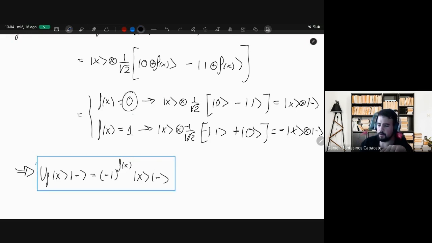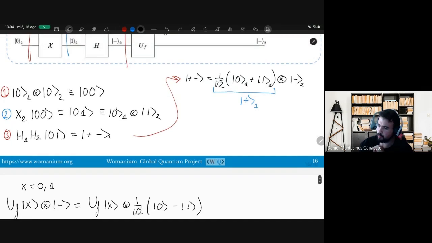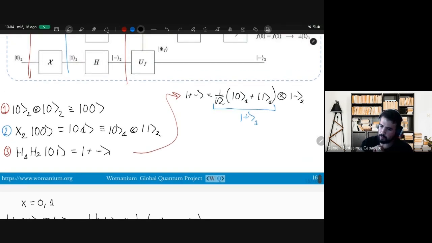When this is 0, you get the same, right? If this is 0, this will be 1. But if f of x is 1, you will get a minus 1 in your state. So that's basically it.